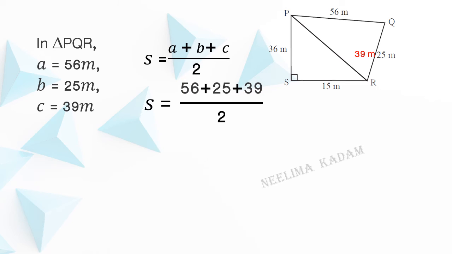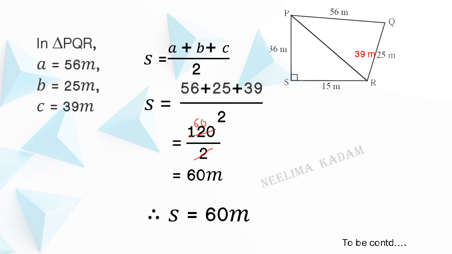Adding this, 6 plus 5 11 plus 9 20, carry 2, 3 plus 2 5, 5 plus 2 7 plus 5 12. So 120 upon 2. Dividing by 2, 2 ones are 2, 2 6s are 12 and 0. So S is equal to 60 meter, semi-perimeter.